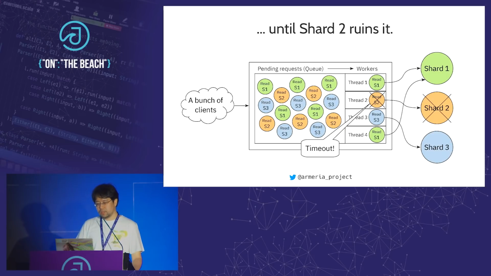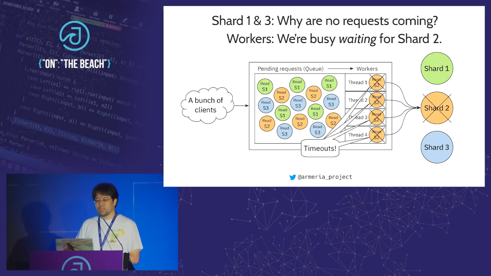But the reality is, even if shard 1 and 3 are responding quickly, it is only a matter of time for most threads to get busy handling the requests for shard 2 because it takes the majority of time, without giving room for handling other requests.